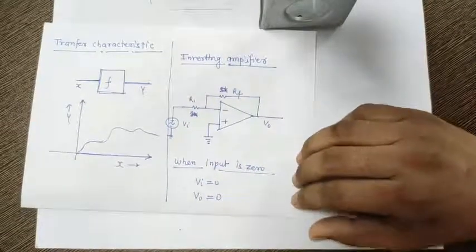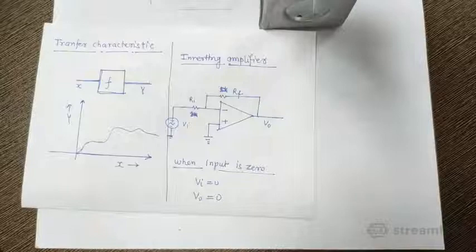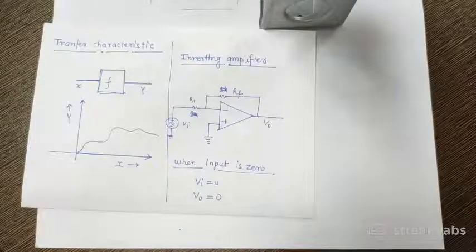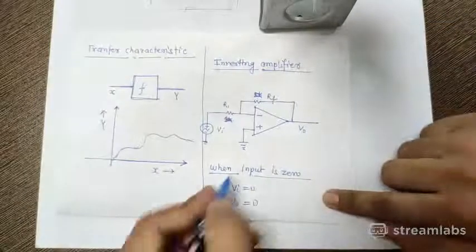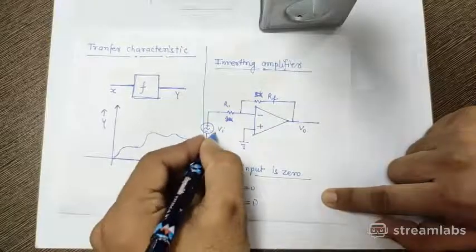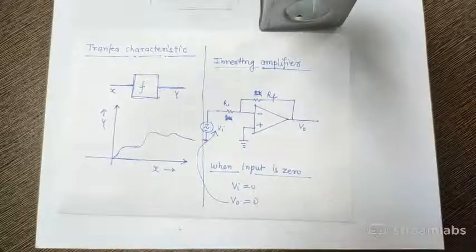This is very simple, because this is an amplifier circuit. So whatever input we apply, that input will come into the output. Because I have applied 0 input here, 0 output will come. That is obvious.